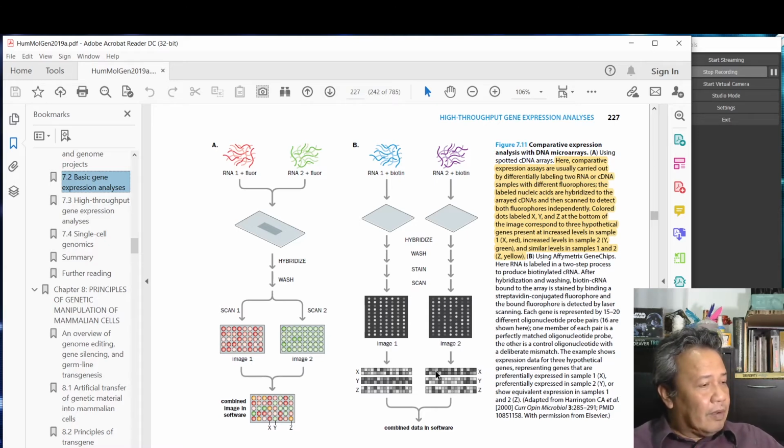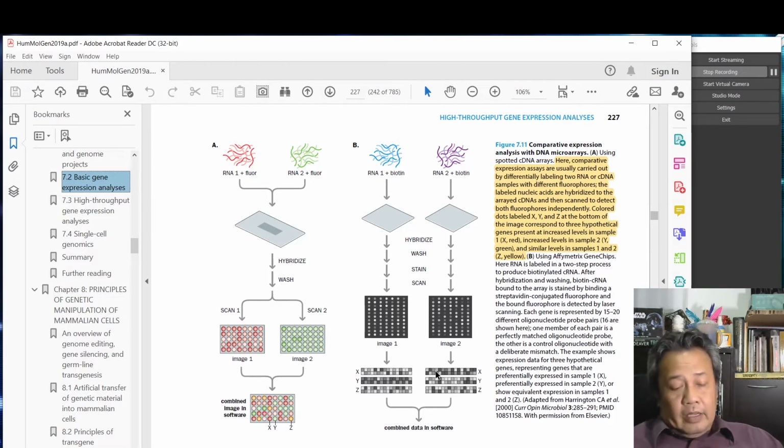I can't remember anymore. I think it's written somewhere there, but never mind. So it says one is red, one is green. Now you have a chip or a slide that has the human genes. From the normal cells, you extract RNA and then you let it hybridize.